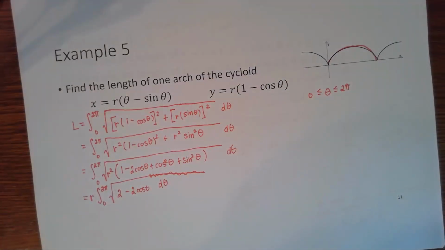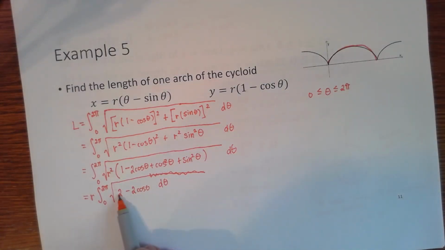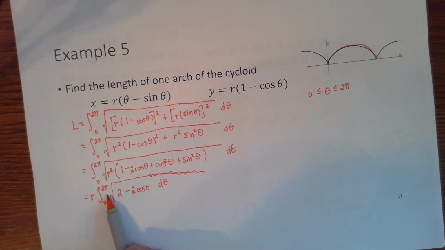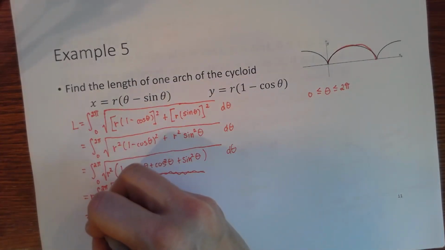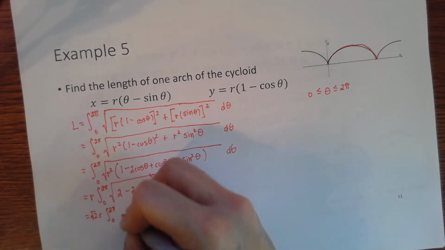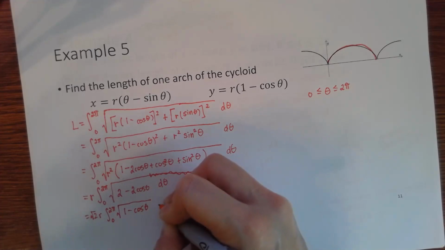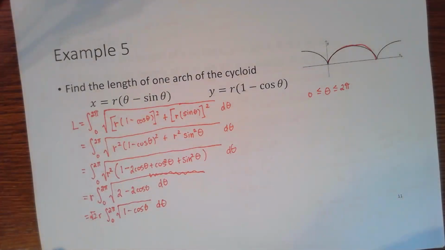It's probably easier if I just go ahead and factor that 2 out as well. So when I factor out the 2, I can bring the square root of 2 out. So I'm just going to make this square root of 2 r, and then I'll just be left with 1 minus cosine under my radical.